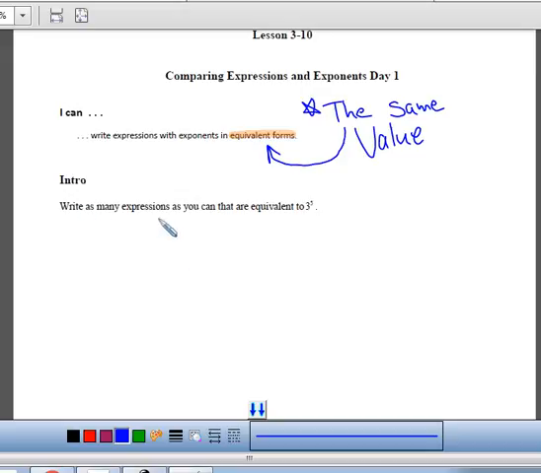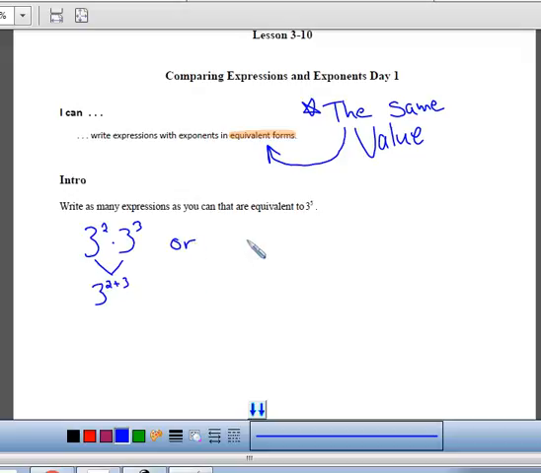So, write as many expressions as you can that are equivalent to 3 to the 5th power. Now, when I think of 3 to the 5th, I think of 3 squared times 3 to the 3rd. Because if I have that, what I'm really doing is 3 to the 2 plus 3. And what does that equal? 3 to the 5th.